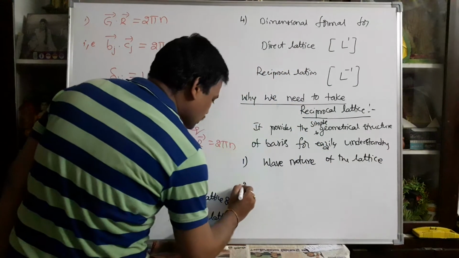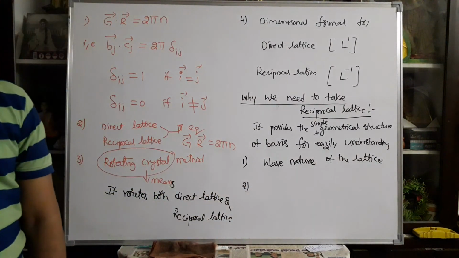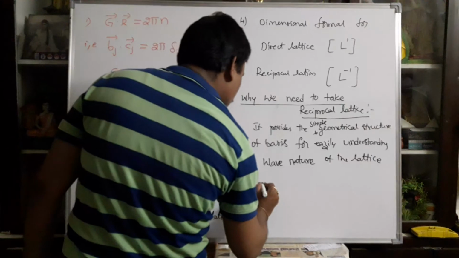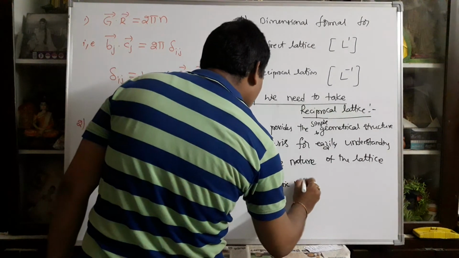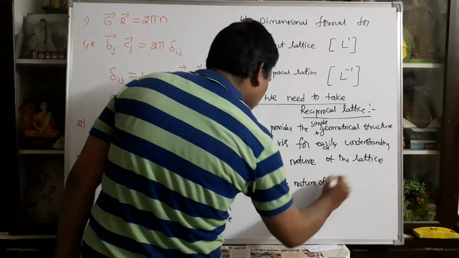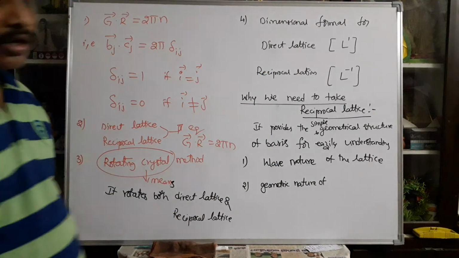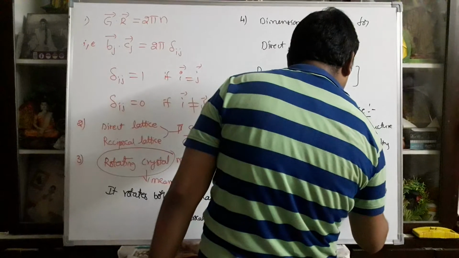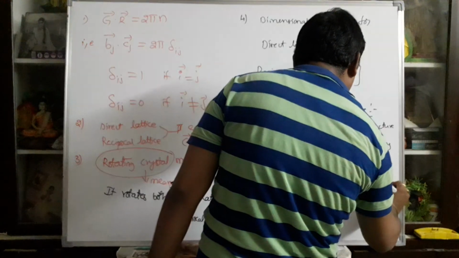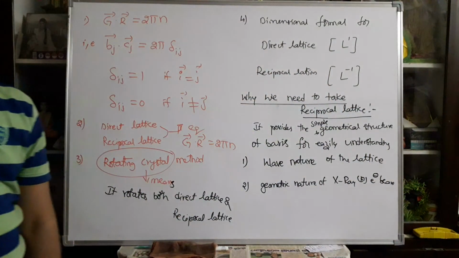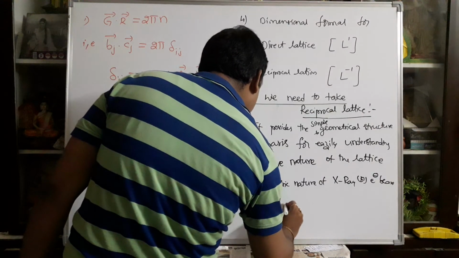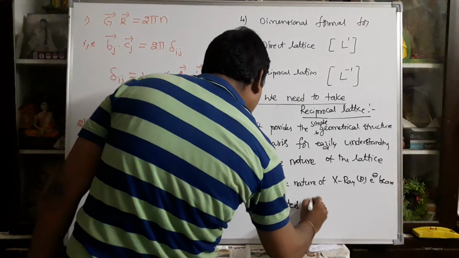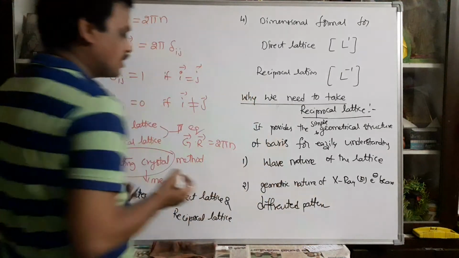And the second one is that it gives the geometric nature of the lattice, and the nature of the X-ray or electron beam diffraction pattern.